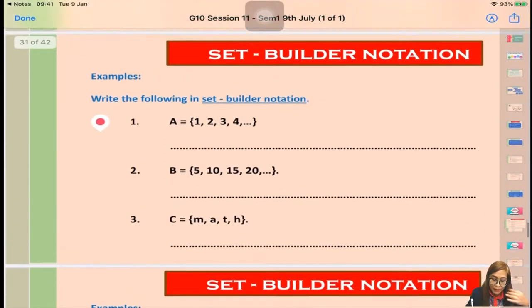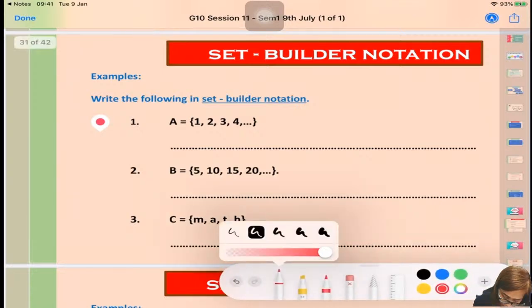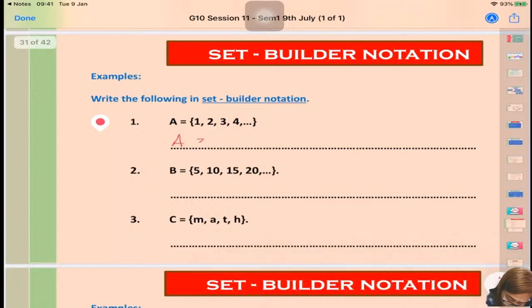How about in set builder form? How do you write the sets in set builder form? Example, A is the set of 1, 2, 3, 4, ellipses. What are these numbers? So we can write the answer as A equals, these are the counting numbers.